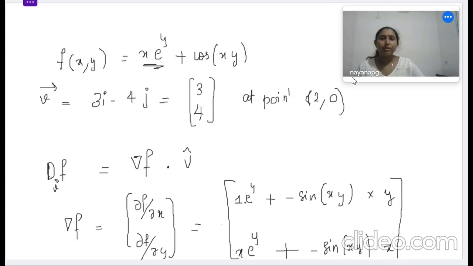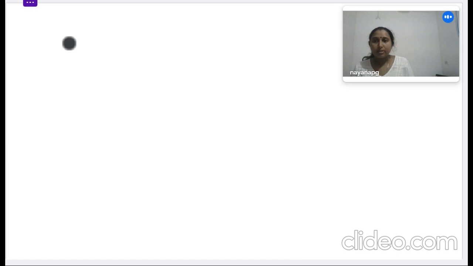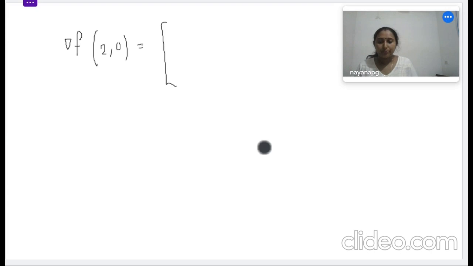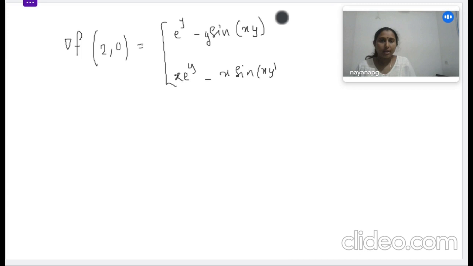So the gradient vector del f is (e raised to y minus y sine xy, x e raised to y minus x sine of xy). We need to apply the point (2, 0) here.